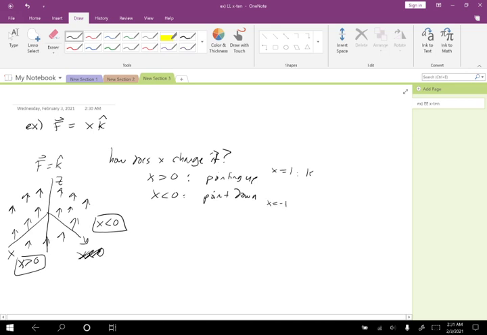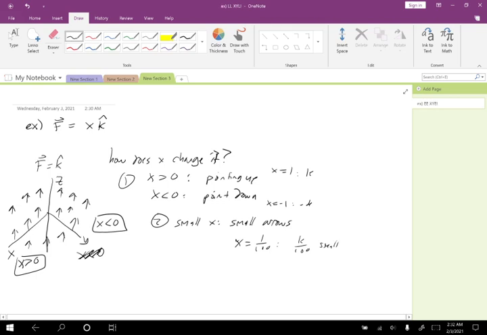If x equals -1, you get minus k. Okay? So another way it changes is that for small x, small arrows. So for example, x equals 1 over 100. The vector field is actually k divided by 100, so it's very, very small.